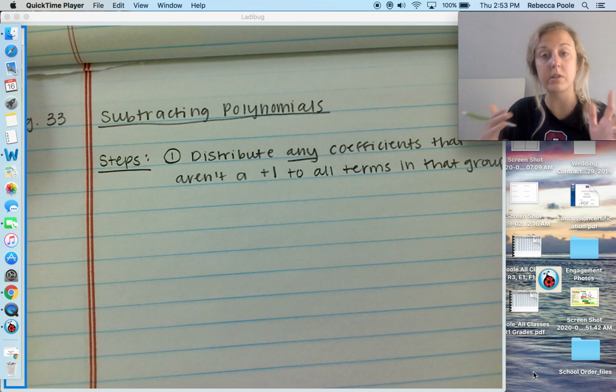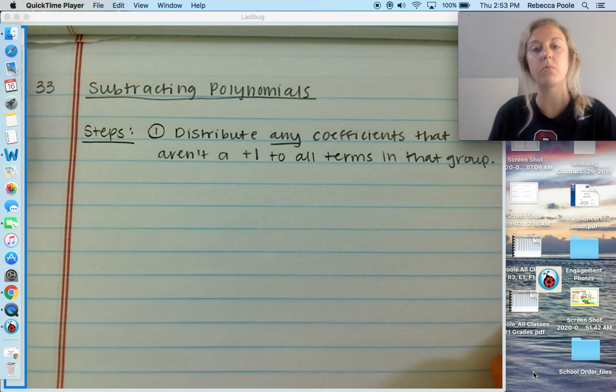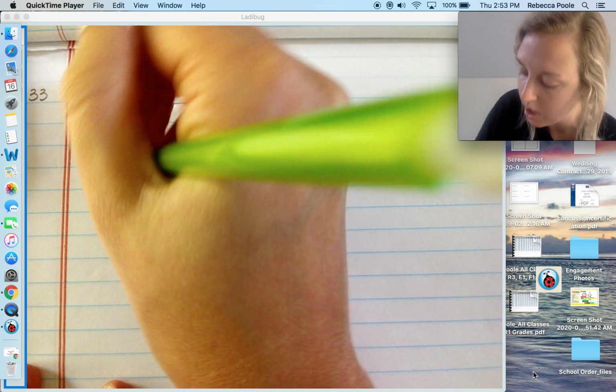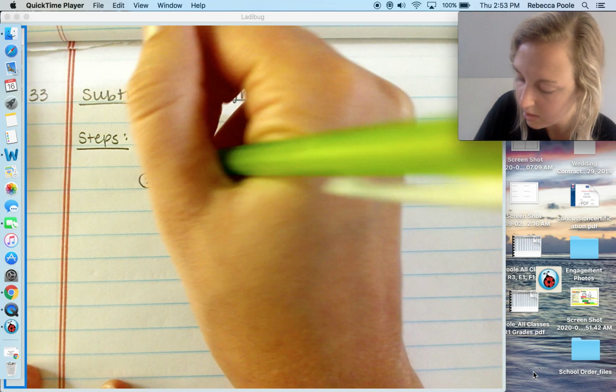That may sound confusing, but we'll do an example, okay? So distribute any coefficients that aren't a positive 1 to all terms in that group. All right, step 2, let's see.